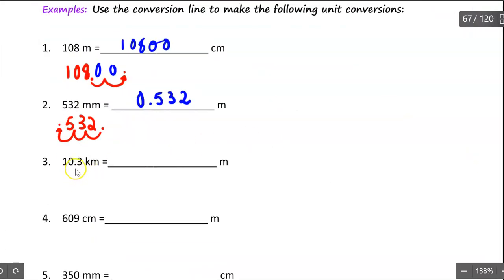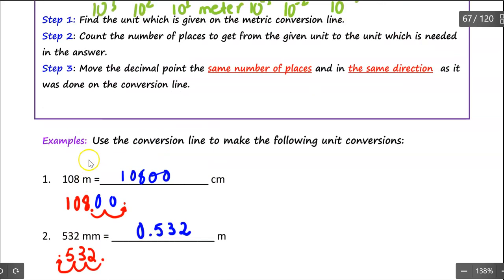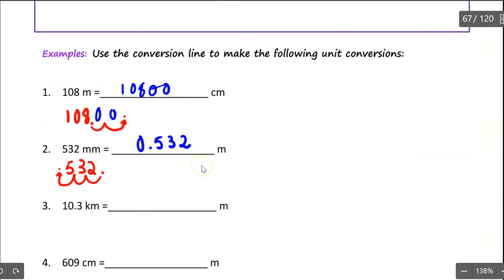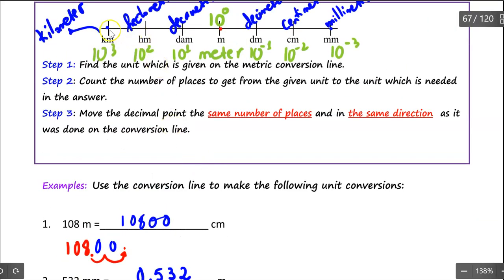So now we have 10.3 kilometers. This one I have the decimal point to work with. So I go to kilo, I place my decimal there, and now I'm going to move to where the meter is. So I'm going to count. Okay, I'm going to move to the right, and I'm moving 1, 2, 3.